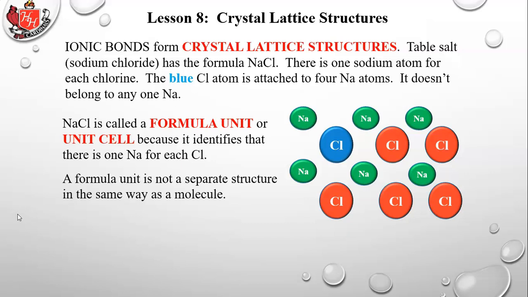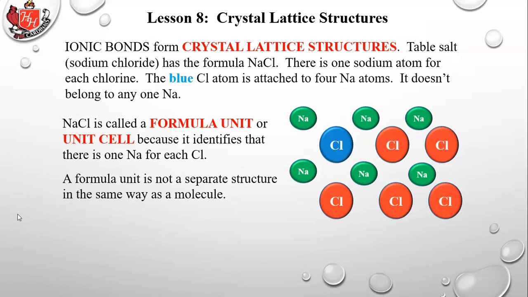NaCl is called a formula unit or unit cell because it identifies that there is 1 sodium for each chlorine. The formula unit is not a separate structure in the way a molecule is. Now sometimes when you see NaCl, it will loosely be referred to as a molecule. It really isn't. A molecule is actually, like we saw with water, a separate structure that can move independently of other water molecules.